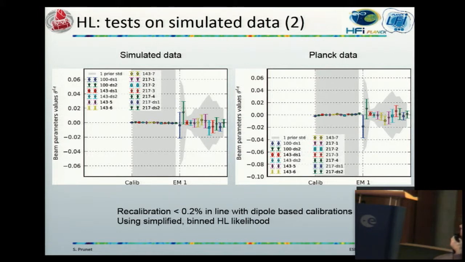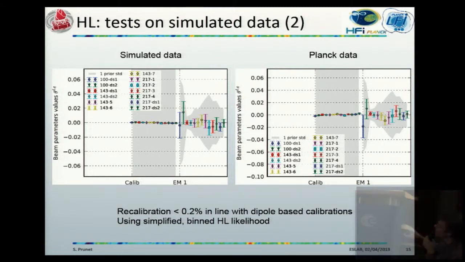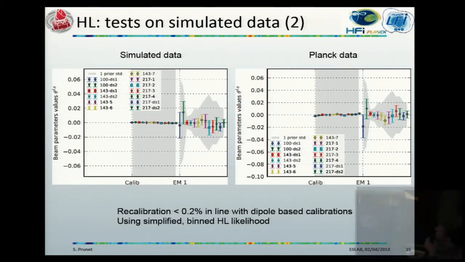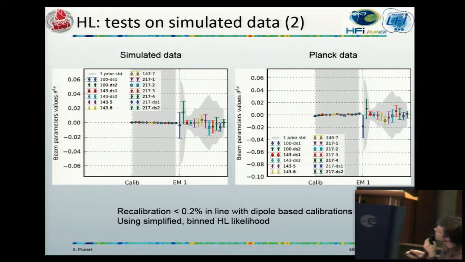Another thing that you can do, which I think is very interesting, starting again from the simplified likelihood that is starting from all the detector pairs, is doing a simulation, recovering the calibration and beam modes on simulated data. So the results should be 0 here. That's what we get at the 0.1% accuracy.